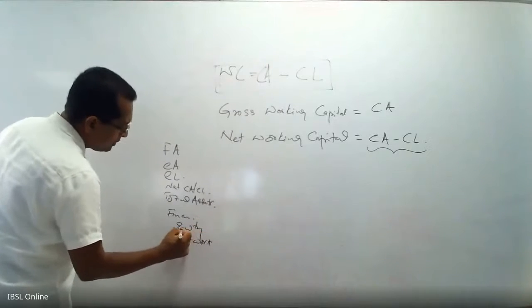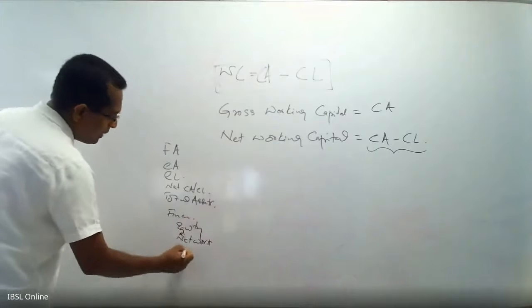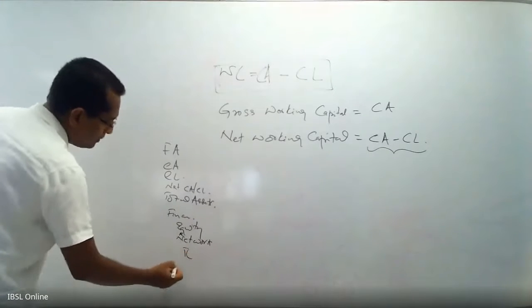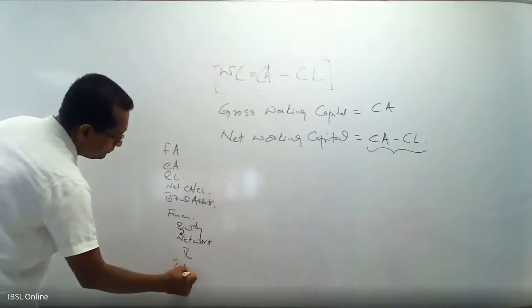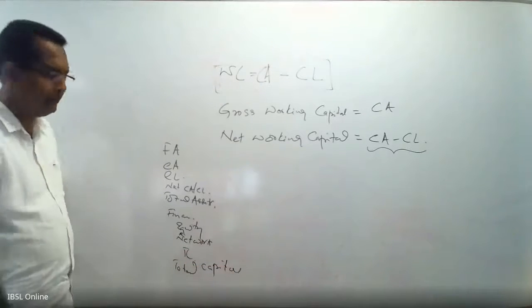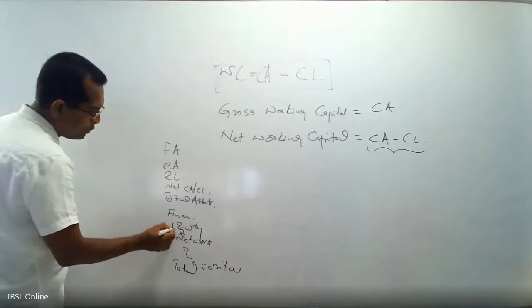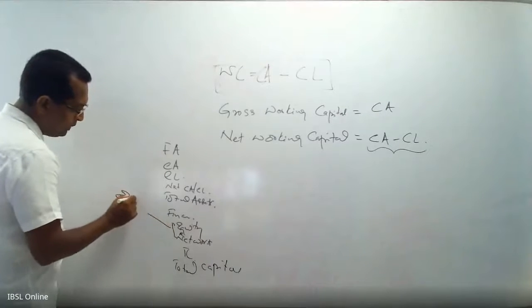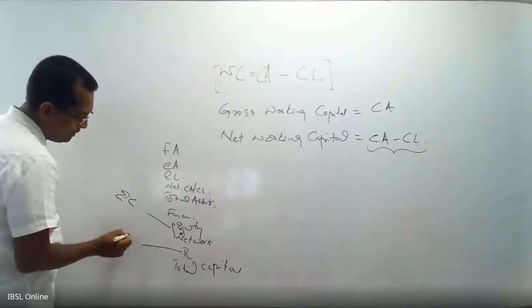Equity plus reserve here is net worth, and term loans. This is called total capital, right? So this portion is equity capital, this portion is debt capital, right?